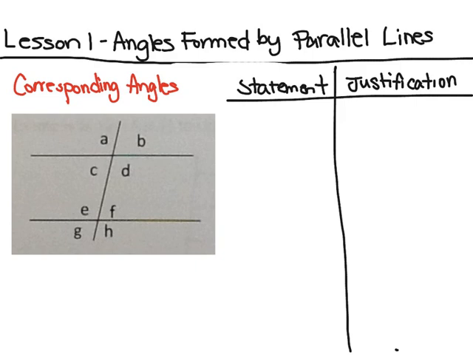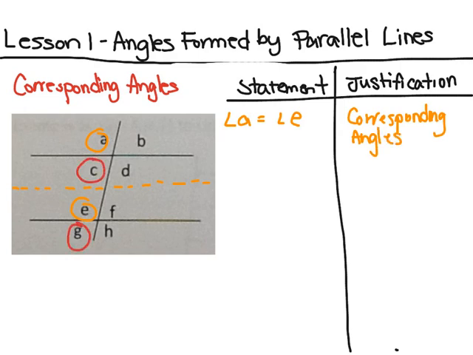Example 4, we're going to do corresponding angles. Corresponding means it's in the same spot. So if you look at this as two separate little corners, angle A is in the same position as E. If you were to put them on top of each other, angle A equals E. And the reason is corresponding angles. So angle C is equal to angle G, and we'll say CA for corresponding angles.